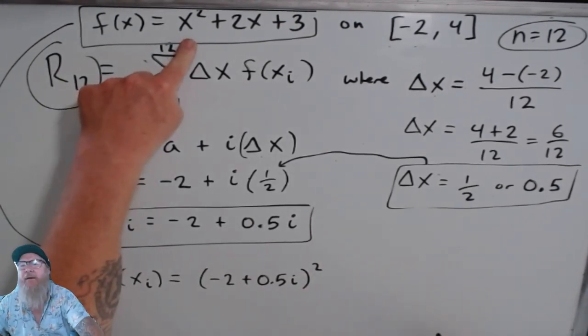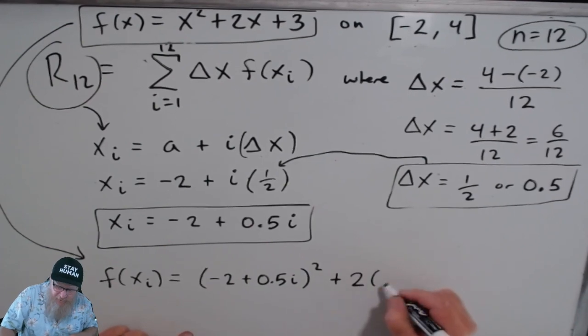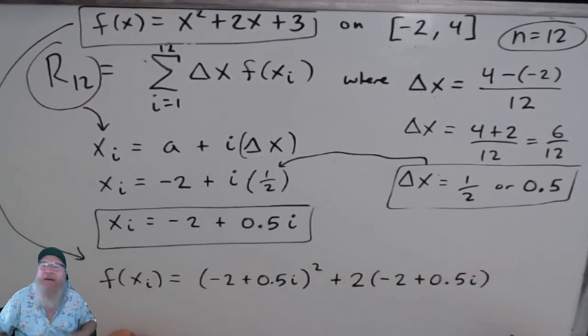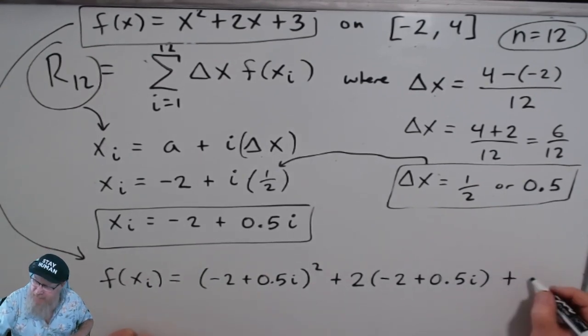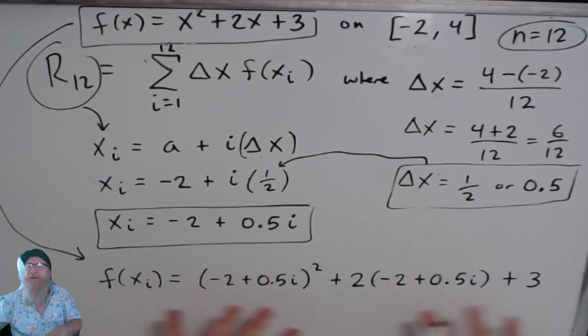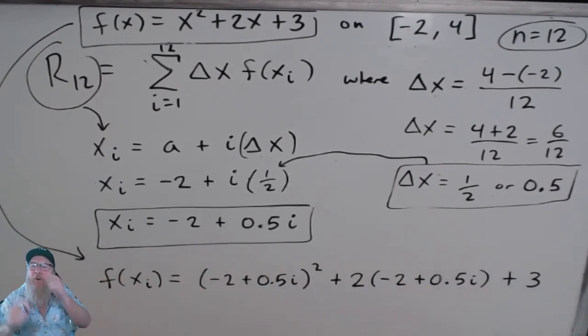It's x squared plus 2 times -2 plus 0.5i plus 3. That is all 12 rectangles written out with just one equation. You see, the i can be anything from 1 to 12.